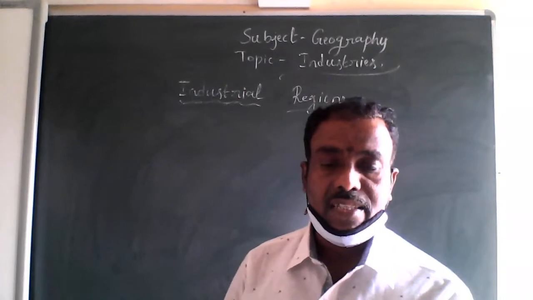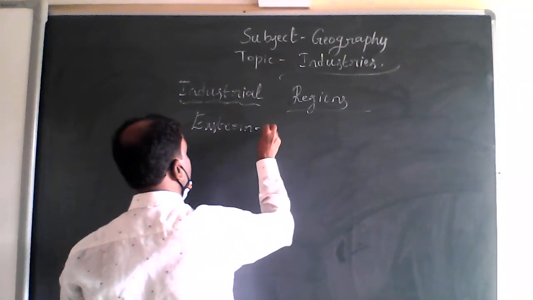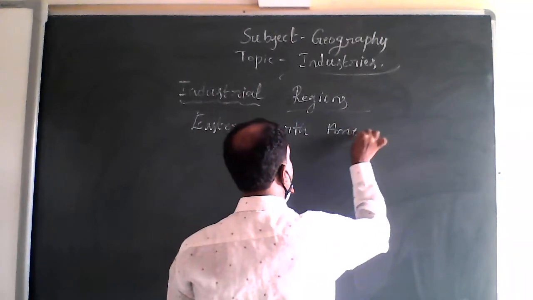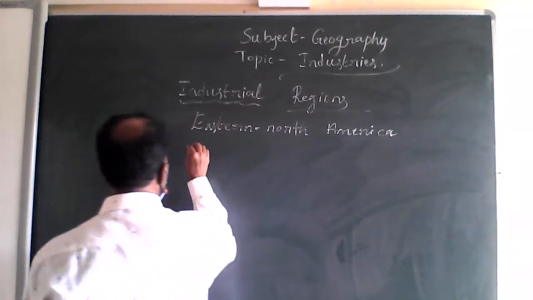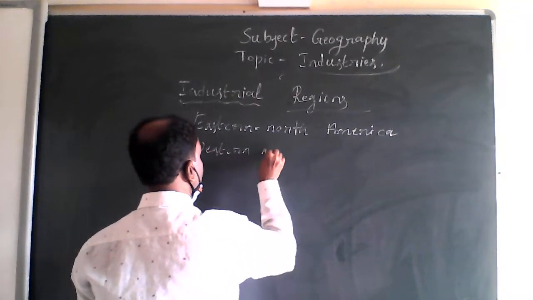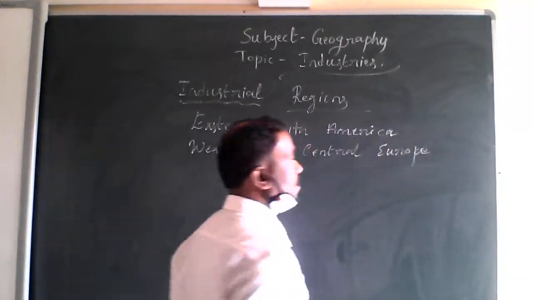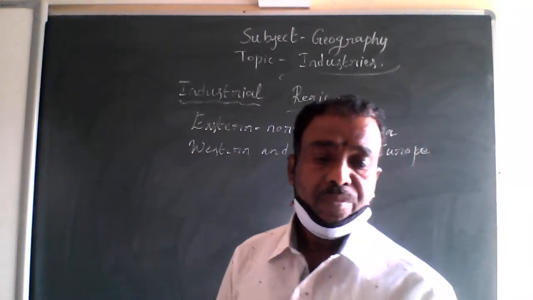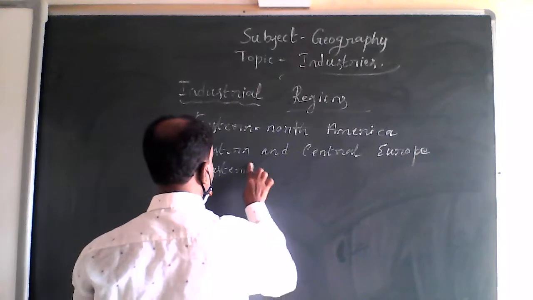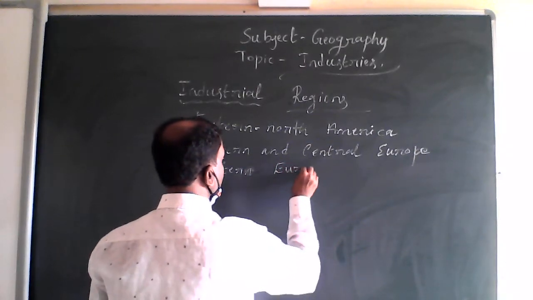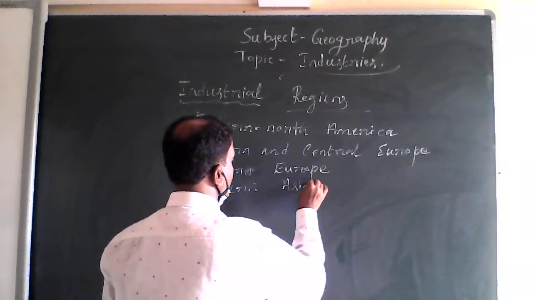So, the major industrial regions of the world are Eastern North America, Western and Central Europe, Eastern Europe and Eastern Asia.